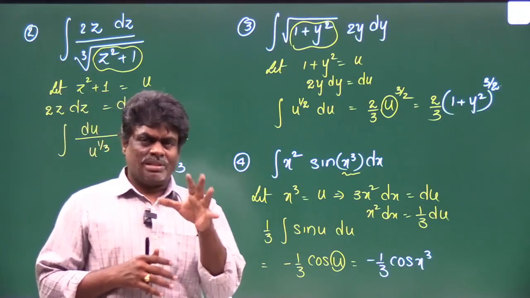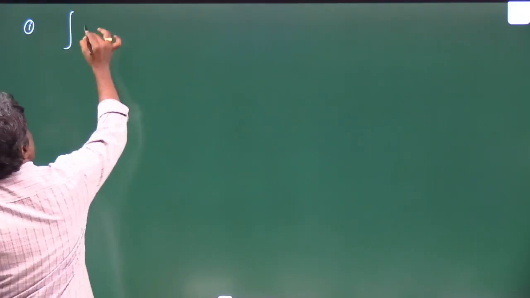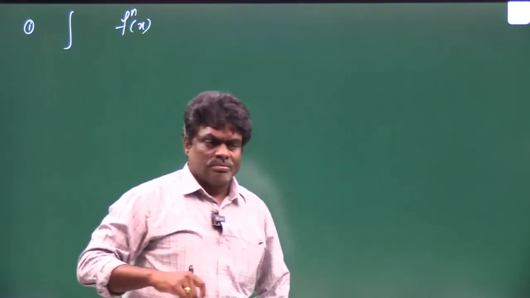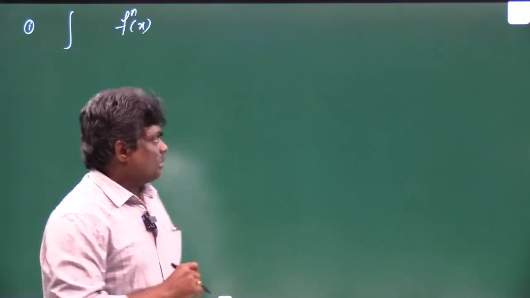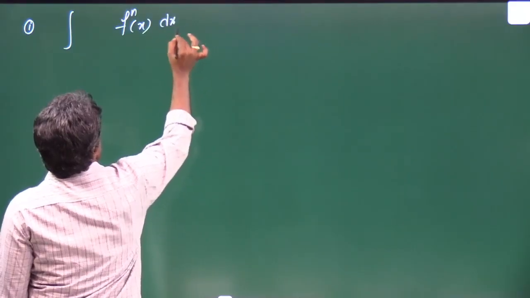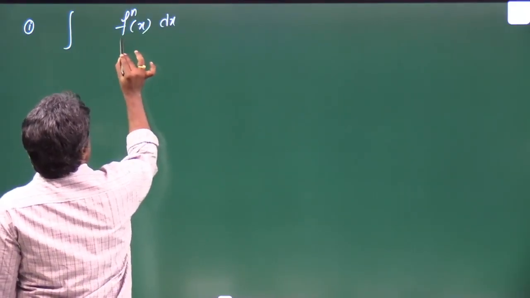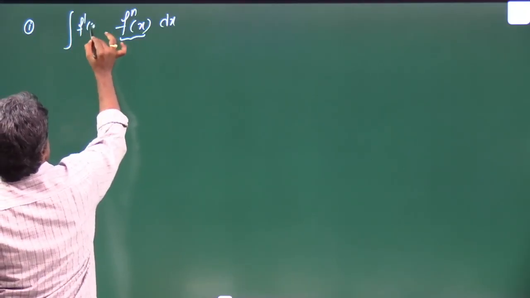Now we can do this in a different way also. Here I will give you some more techniques. The first one: whenever you have an integral where some function is there, f of x whole power n, just like sine square x or e raised to 2x, something like that, some function power n, and whatever function you have, its differentiation is also there, that means f dash of x.